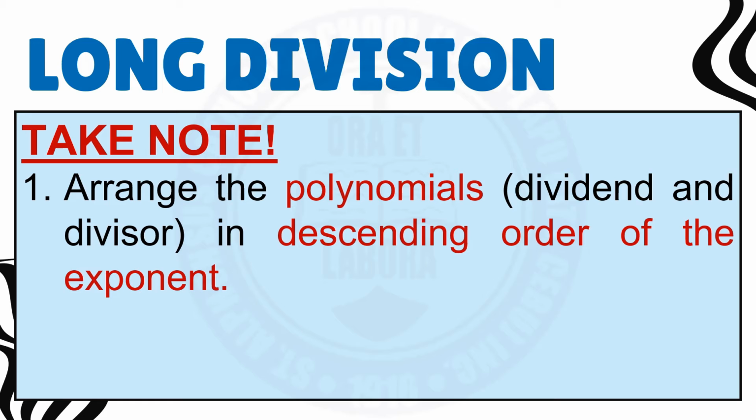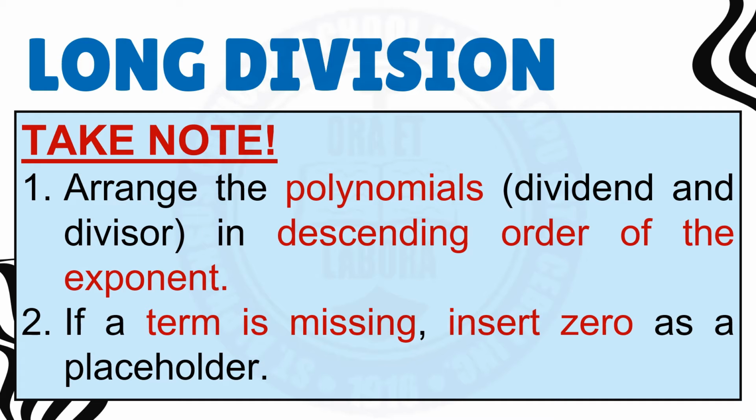First, you need to arrange the polynomials, dividend and divisor, in descending order of the exponent. Second, if a term is missing, insert 0 as a placeholder. These are the things that we need to consider in using the long division.